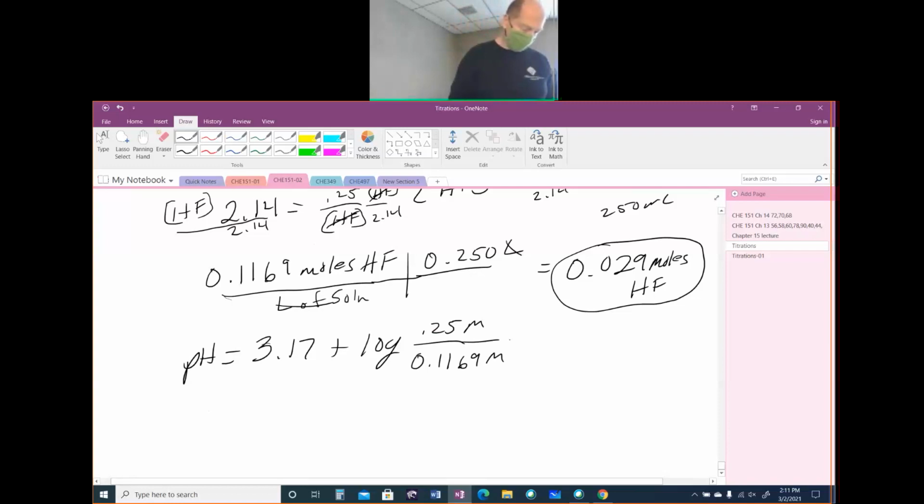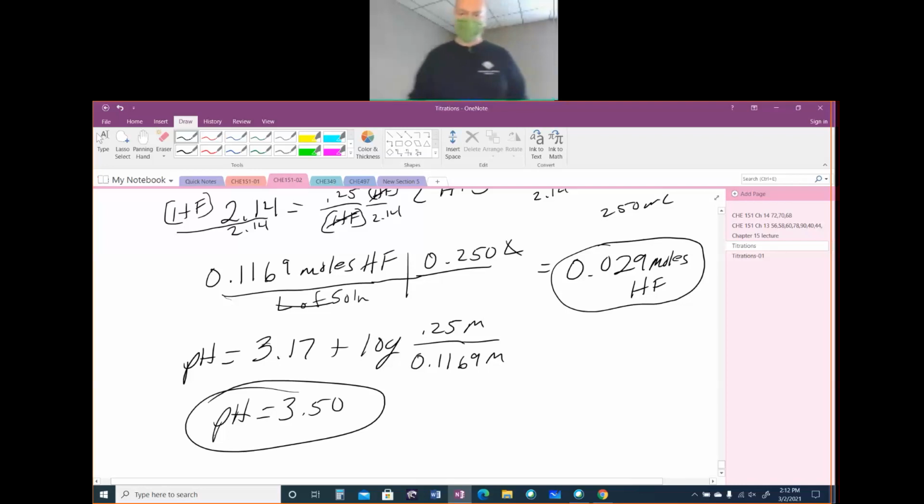So when we do that, 3.17 plus the log of 0.25 divided by 0.1169, and that gives us a 3.50, which is the pH that we wanted. All right, and so that is a very difficult problem when you are solving for either your A minus or your HA. But that is how you solve for your HA in that problem.